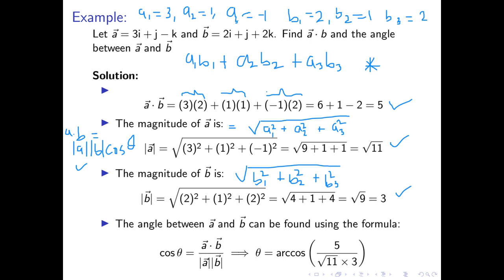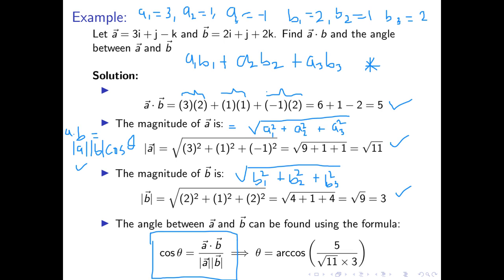We can simplify by dividing both sides by the magnitude of A and B to be able to obtain our cos theta. So if you divide both sides, we're going to have this equation, right? This equation will help us then to obtain the angle between these two vectors.